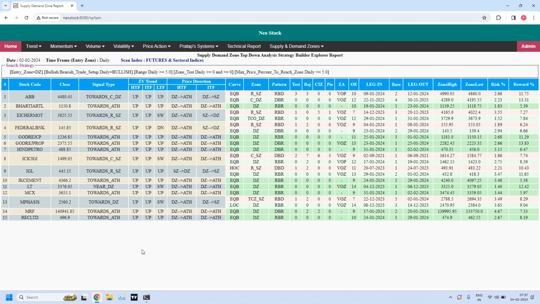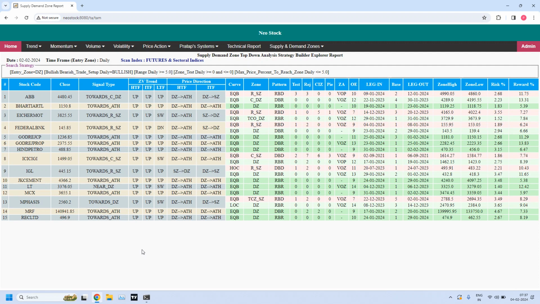Apart from that, the most efficient method you learned in the second phase of the training from the risk management point of view is fine-tuning the zone. These are all the bullish trade setup stocks filtered to different levels where price is near the daily demand zones.